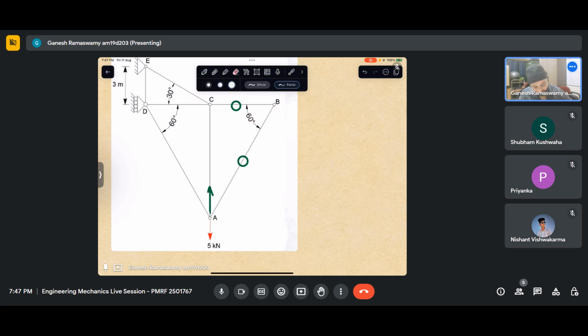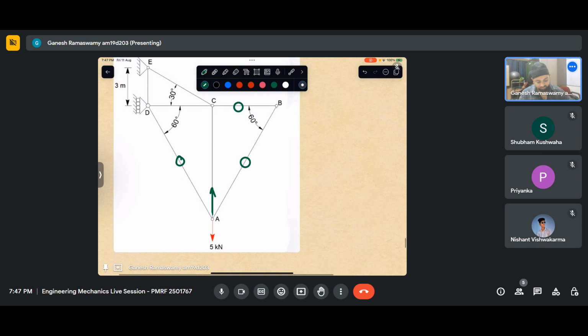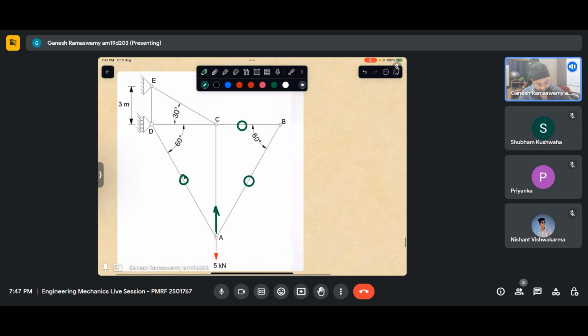So this will also be a zero force member. Now we can see that force AC will be 5 kilonewton. So it will be in tension, so it has to be pointed away from the joint. So this also has to be pointed away from the joint.